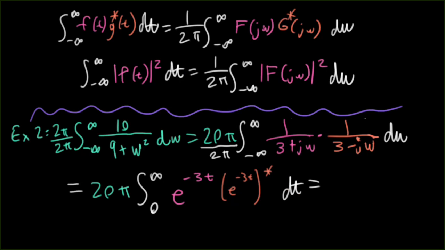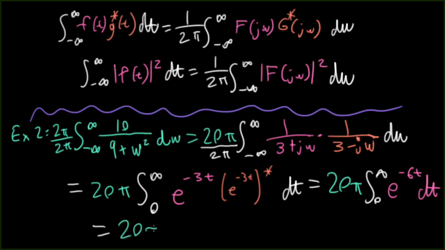So let's see, I have 20 pi times the integral between 0 and infinity of e to the minus 6t dt. So I have 20 pi, and then I'll have e to the minus 6t over minus 6 evaluated at t equals 0 and t equals infinity. For t equals infinity, that goes to 0.